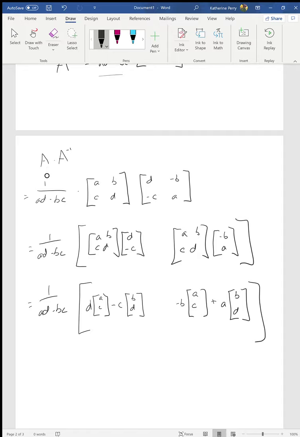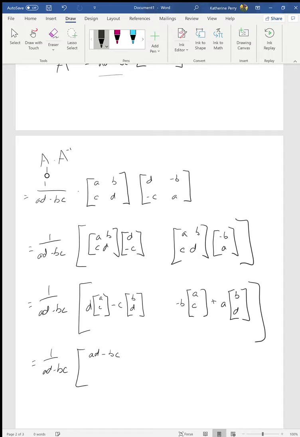And now when I go to simplify, in this first column, I have ad minus bc. Let me rearrange these in alphabetical order, and you'll see why that's convenient in a second.